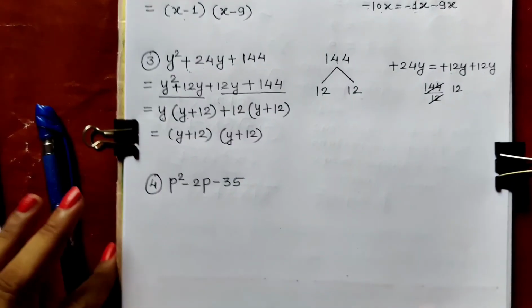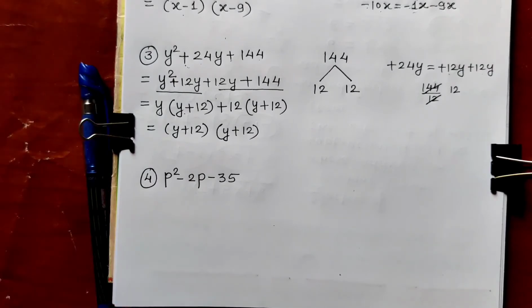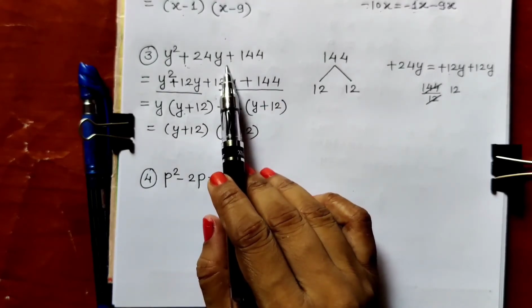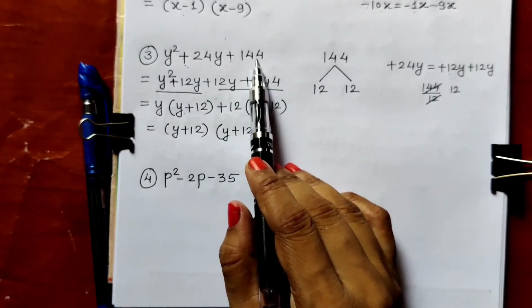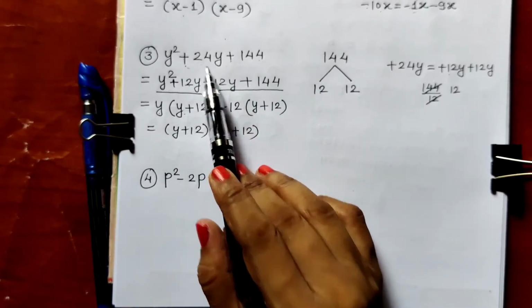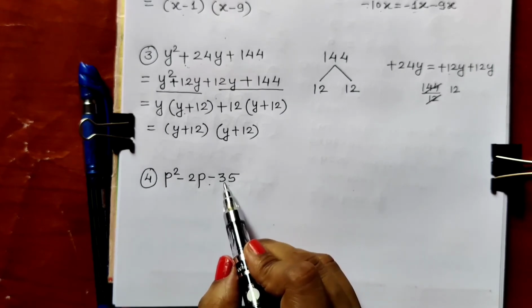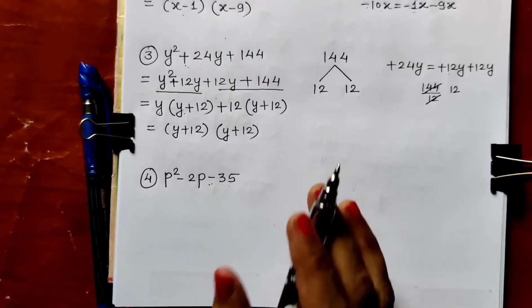Now see children, till now all these three sums we have solved, they are having the constant term whose sign is plus. Okay, and that's why we have found out two factors of constant term whose addition should be the coefficient of middle term. Now here the constant term is having minus sign, and when the constant term is having minus sign, we have to find out two factors of constant term whose subtraction should be the middle term.